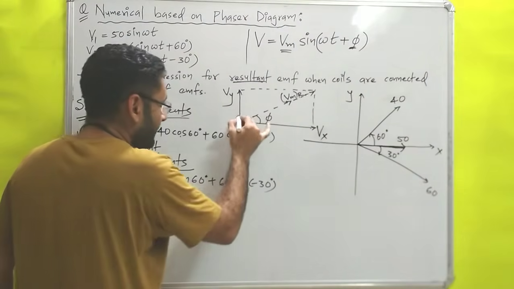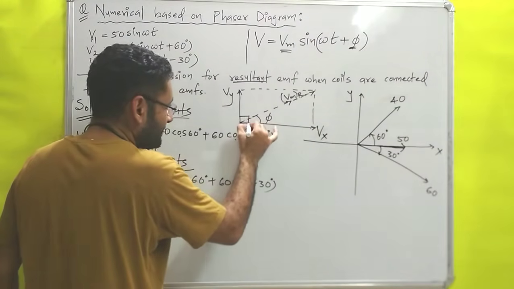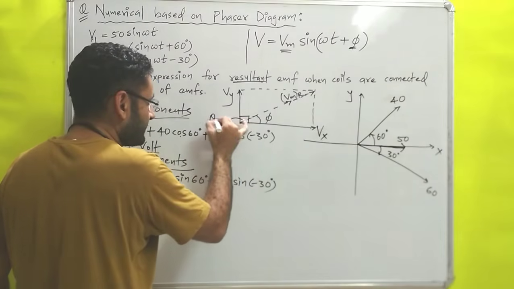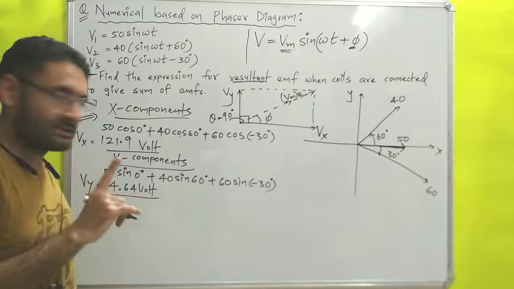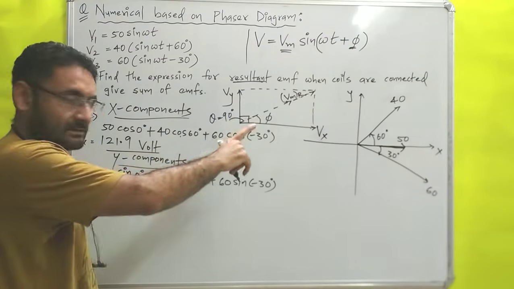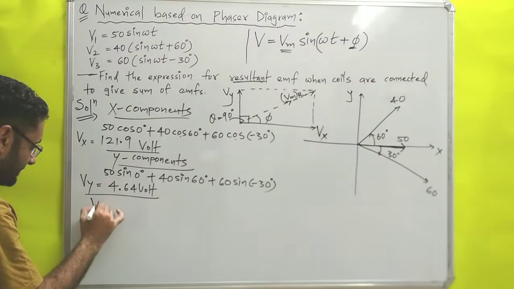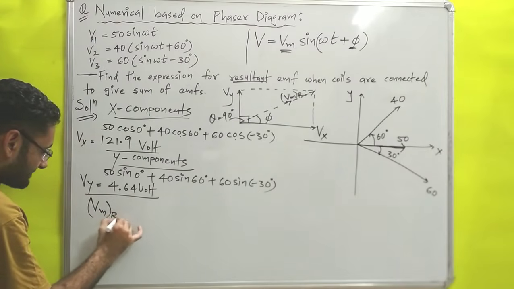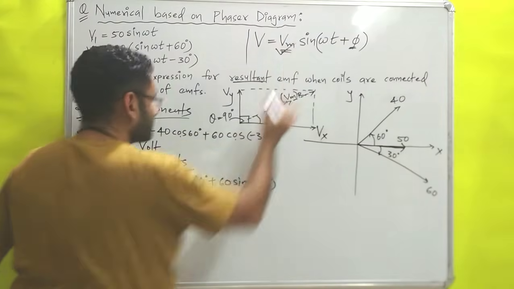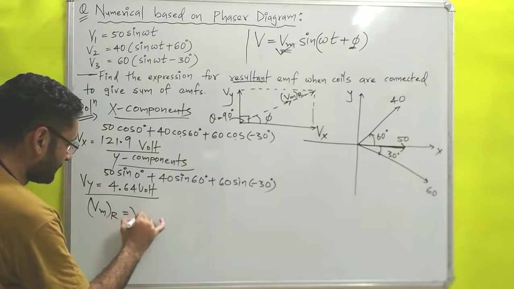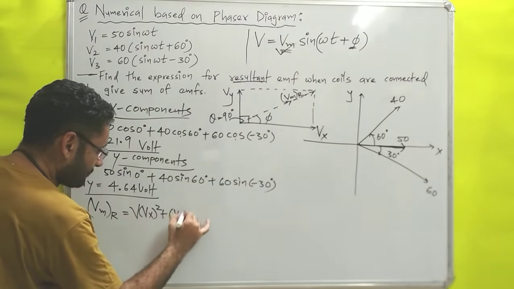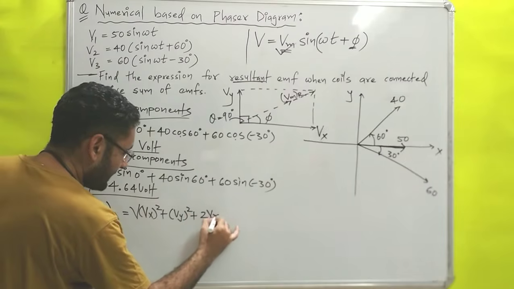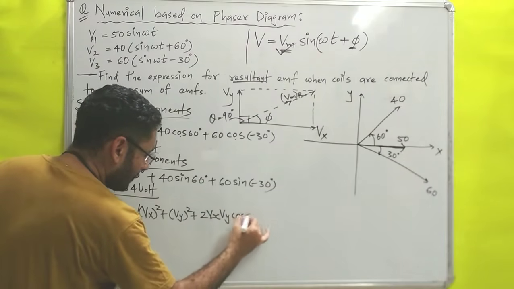Now, the angle between the X component and Y component is what? 90 degrees, so theta is equal to 90 degrees. Now you know the equation, how you can solve this. You want VMR, the resultant component, so I will write VMR equals the square root of Vx squared plus Vy squared plus 2VxVy cos theta.